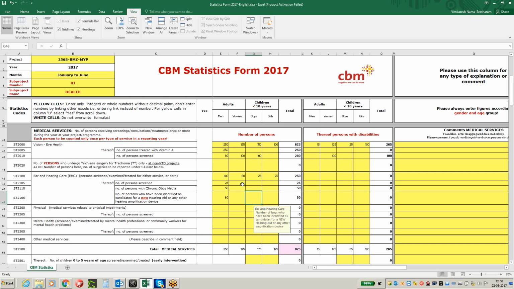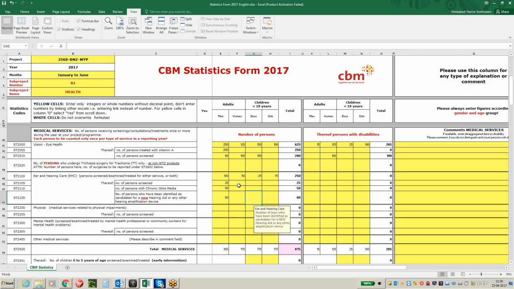Now, does it mean that if a person is counted under visual impairment, and at the same time has hearing impairment, he or she will be recorded also for hearing impairment as independent, or is that a double count? I mean, how is it treated?